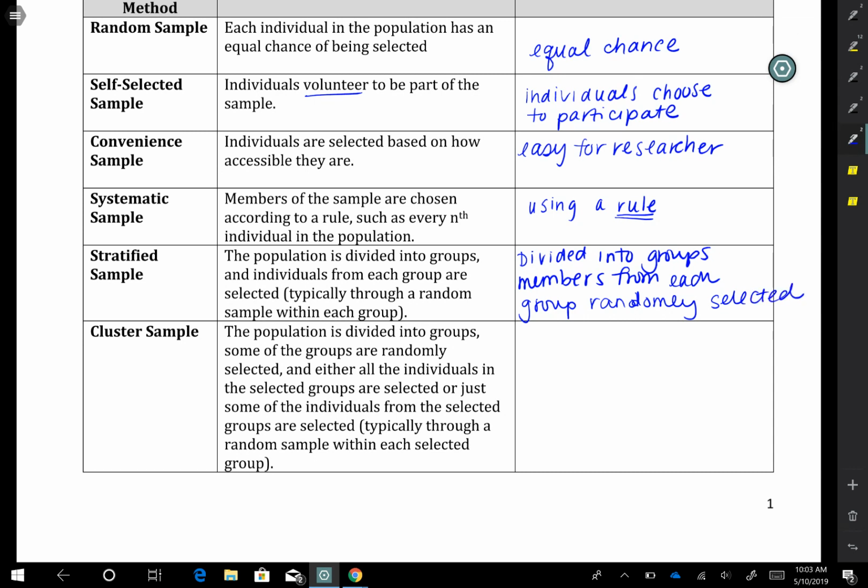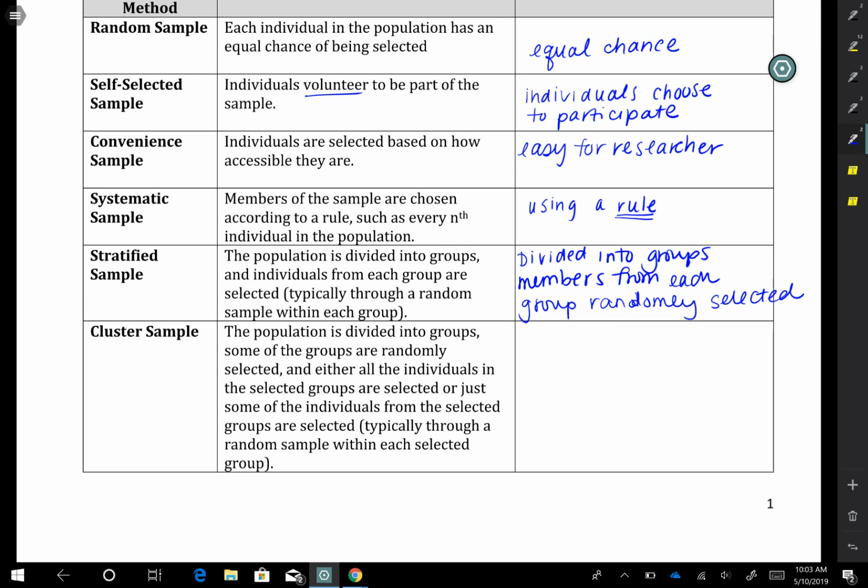Now, a cluster sample is when we divide into groups again, but you choose a whole group, or you might just choose certain members from one group or from just two groups. So the big difference here is that in a stratified sample, you're going to divide the population into groups, but you are going to choose members from every group that you divided.